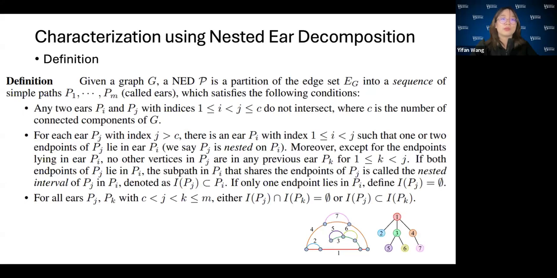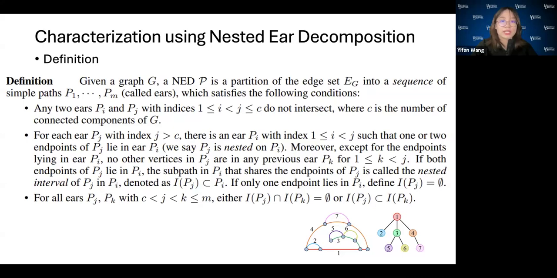Okay, then before we introduce other graph neural networks, this paper also introduced a method to characterize the structure of the subgraphs. It is called nested ear decomposition. Given a graph G, a nested ear decomposition is a partition of the edge set into a sequence of simple paths, and each path is called an ear.